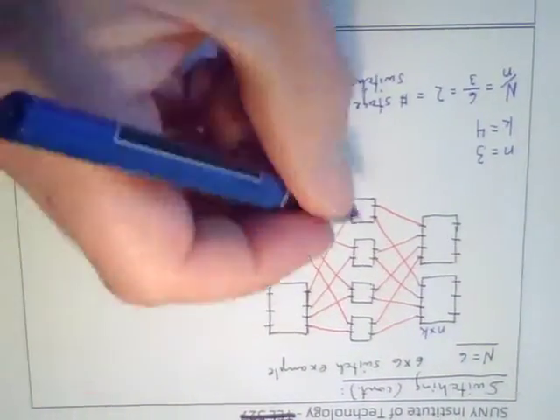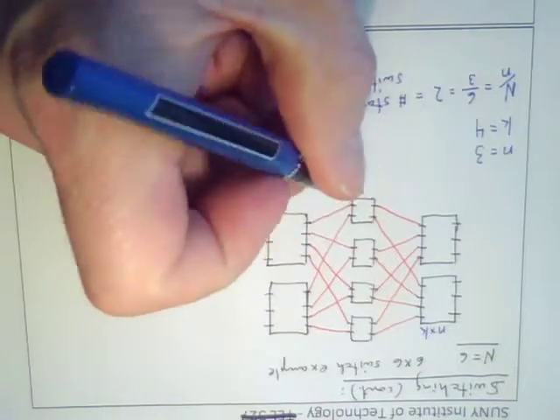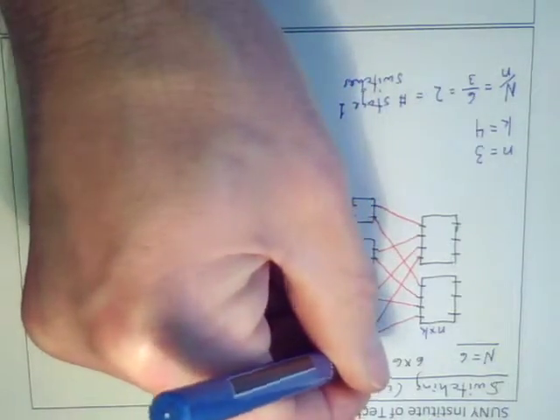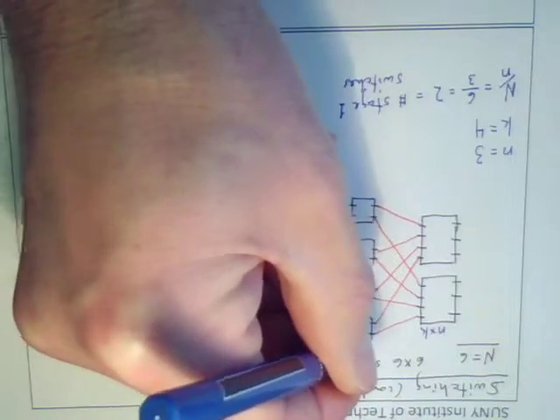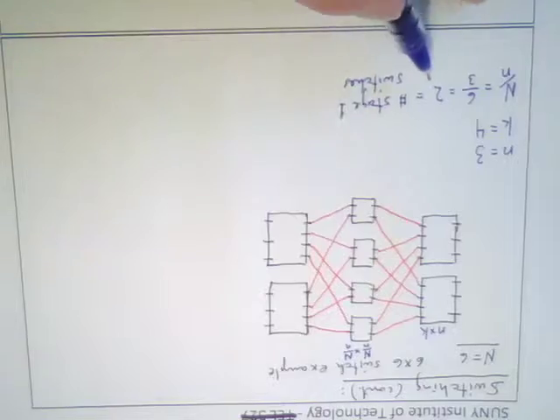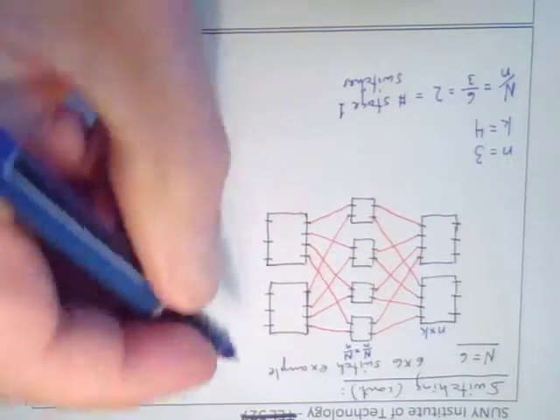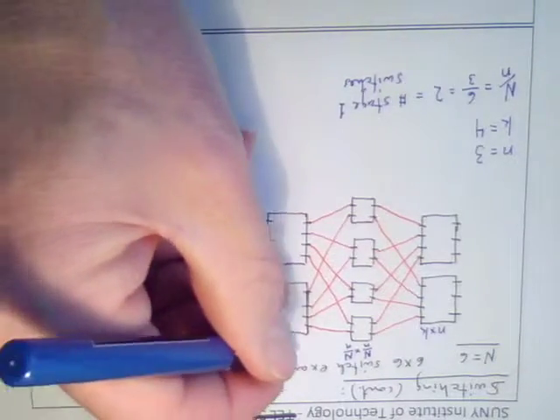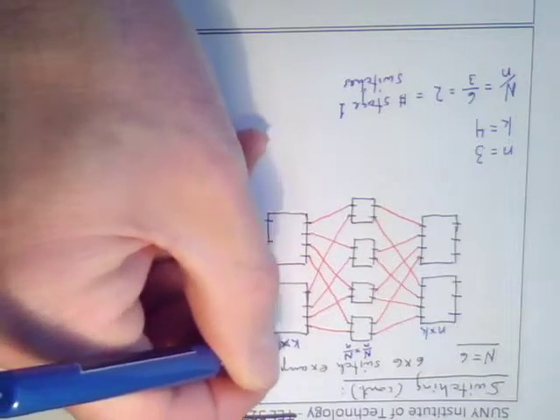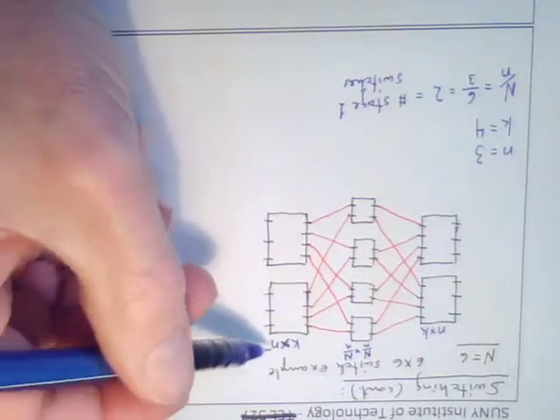And these switches in the middle, the size of them is big N divided by little n by big N divided by little n. In this case, they're 2 by 2. Okay, and then here at the output stage, they are k by little n switches.